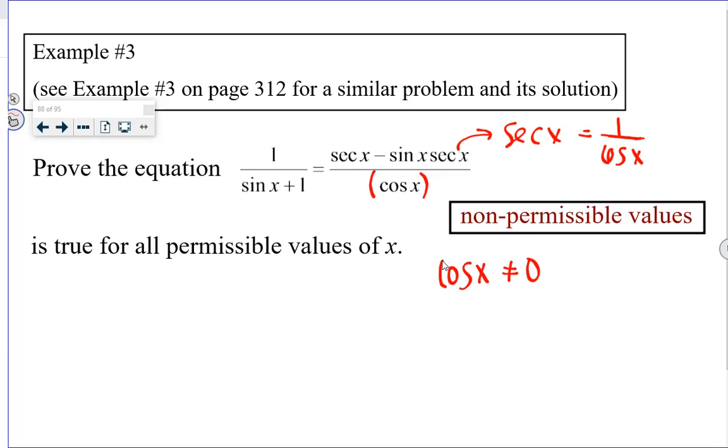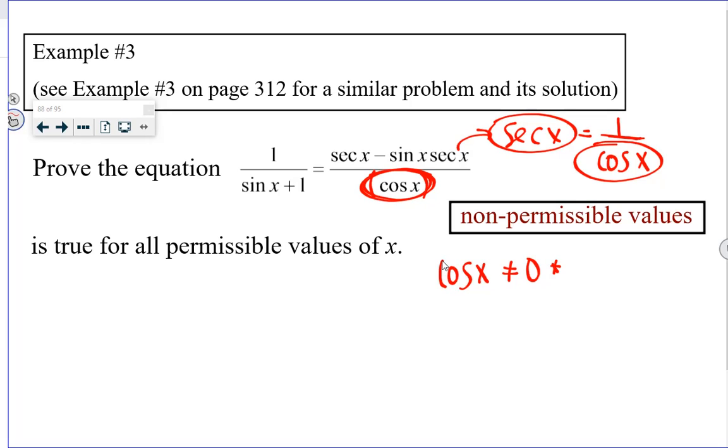And here's the part you need to listen carefully to. If you say cosine of x is not allowed to be 0 and all you do is point to this on an exam, but you don't make reference to secant and the fact that it has a cosine in a denominator, you would not get full marks.